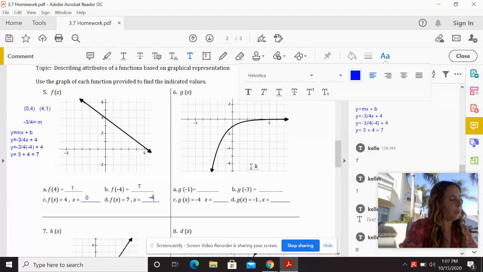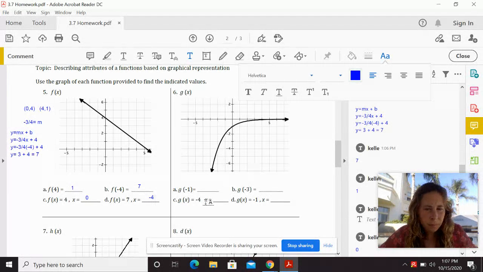Oh, this is where we are. And y equals negative 4. Okay, yeah, that one's fine. That one's 5. Okay.